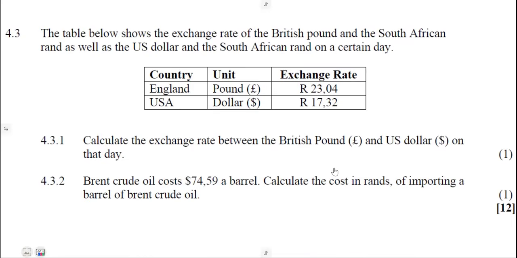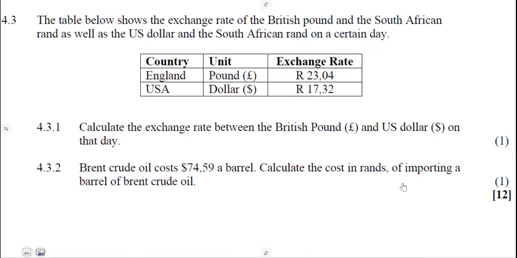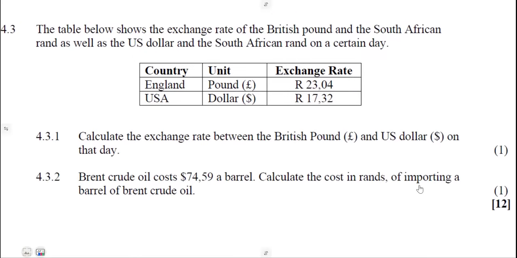Let's see. 4.3, we are given this table as it shows the exchange rate of the British pound and the South African rands, as well as the US dollar and the South African rand, on a certain day. All right. So there are two things: the British pound, South African rand, and the US dollar.